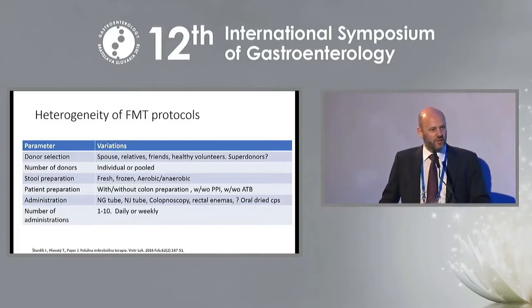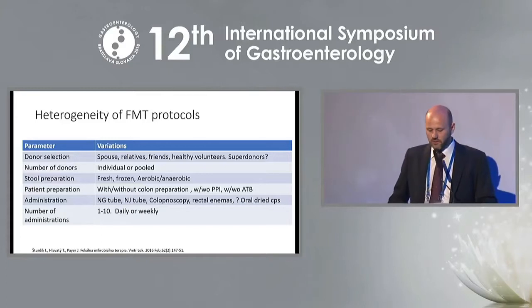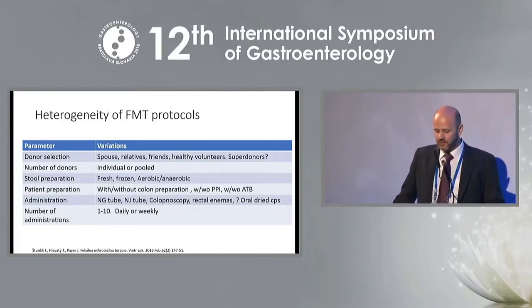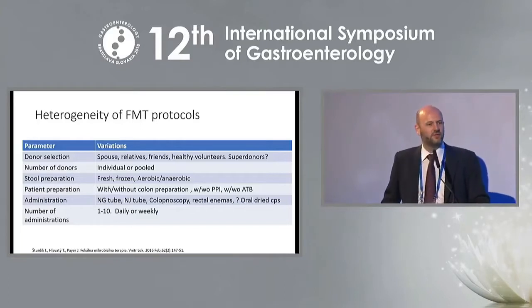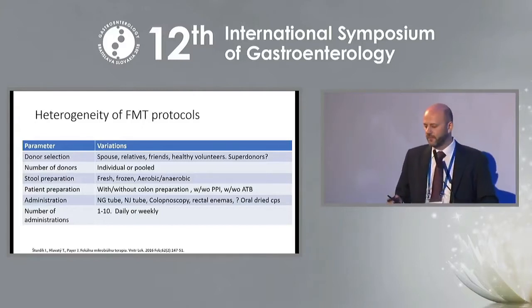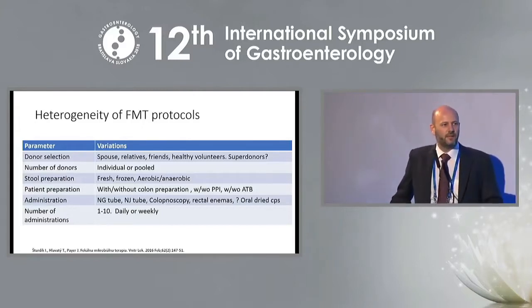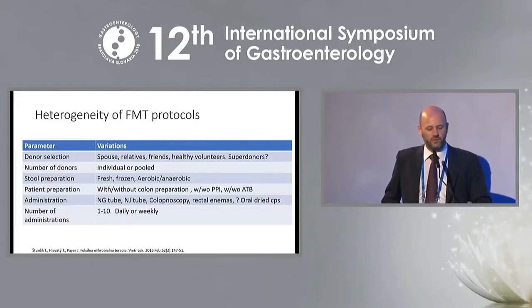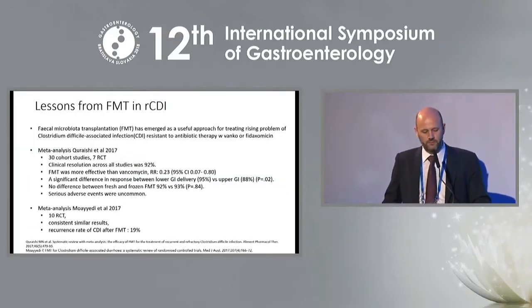And the administration I have already mentioned: NG tube, nasojejunal tube, colonoscopy, rectal enemas, and oral dried capsules. And also there is a variation in the number of administrations. It ranges from 1 to 10, given daily or weekly. So there is a really big area for research here, which protocol for which condition is the best.